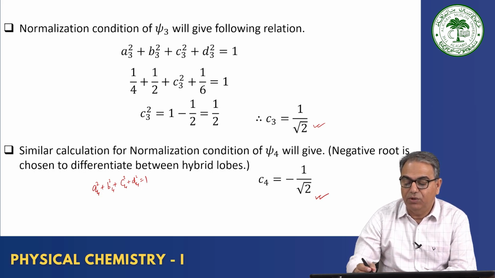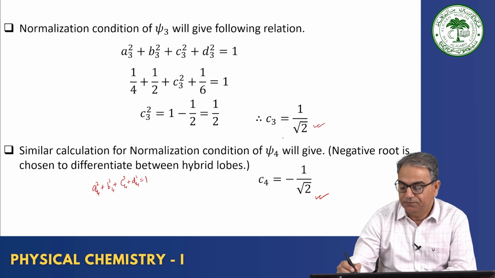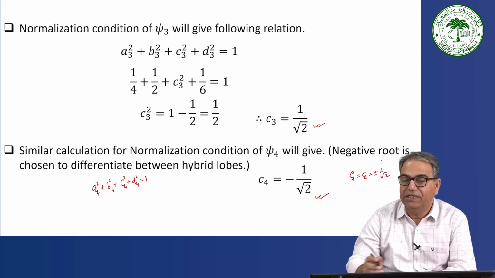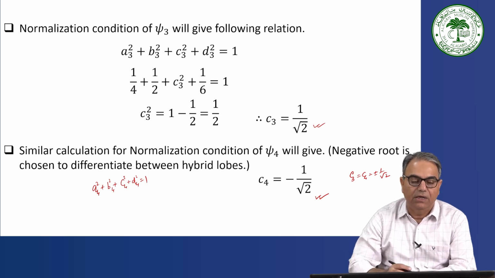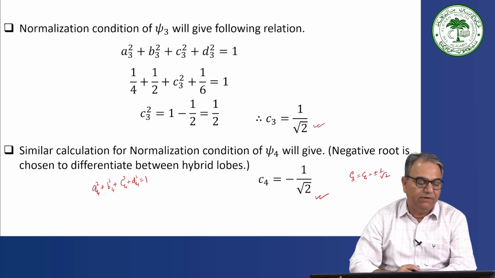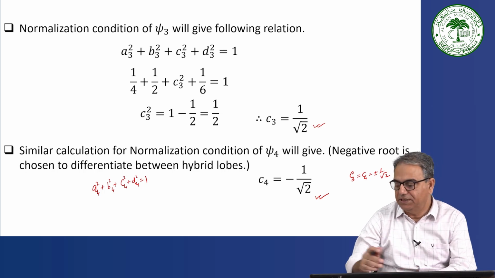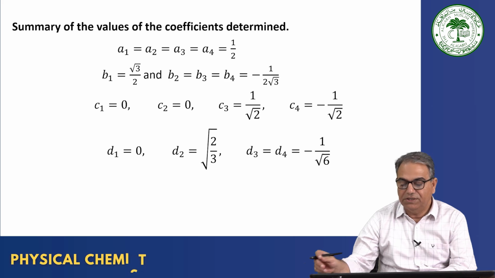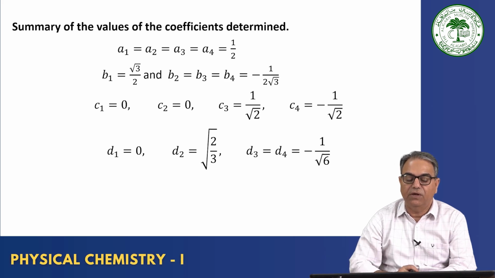See, both c3 and c4 are equal to plus minus 1 by root 2. In one case I have taken the positive root, in another case I have taken the negative root, knowingly, because then only the hybrid lobe wave function will be different, otherwise the hybrid lobe wave function will be the same. Okay. So we have found the coefficients.